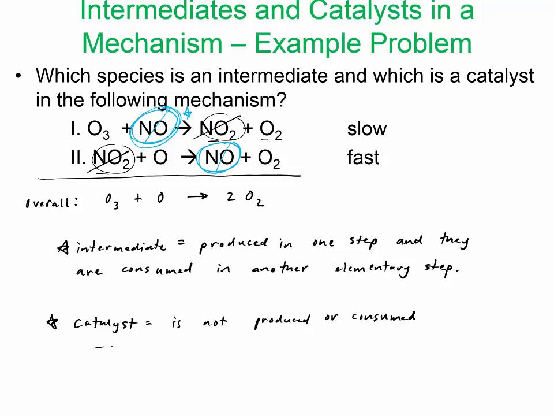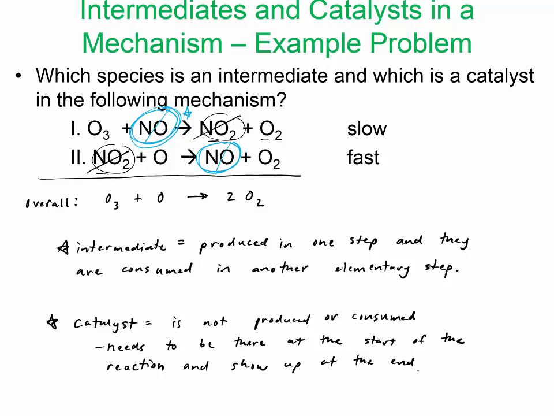So a catalyst needs to be there at the start of the reaction, and show up at the end of the reaction. So here's my question for you guys: which one is the intermediate? Which species is the intermediate? Actually, it's written up here already. So I want to see what you guys come up with on this question.